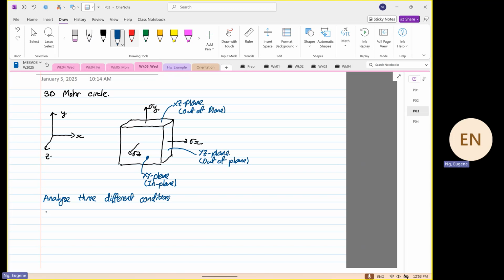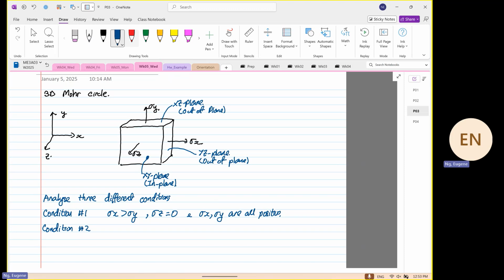So condition number 1 is where you have stress X is greater than stress Y, and shear normal stress in Z is equal to 0, and stress X and stress Y are all positive. Okay. Then later on, we are going to go into condition number 2.